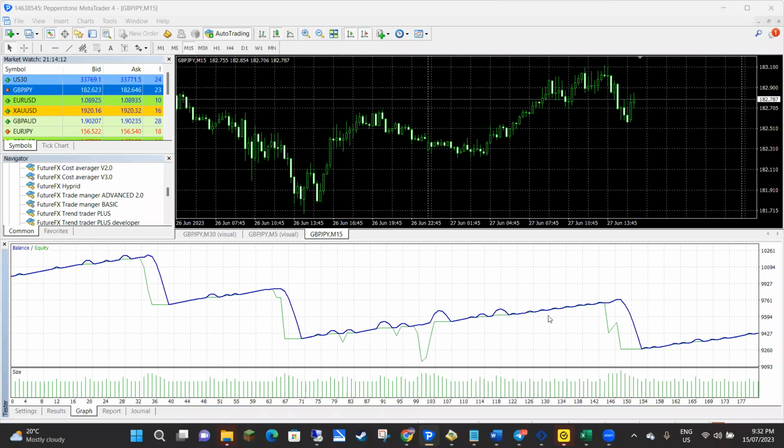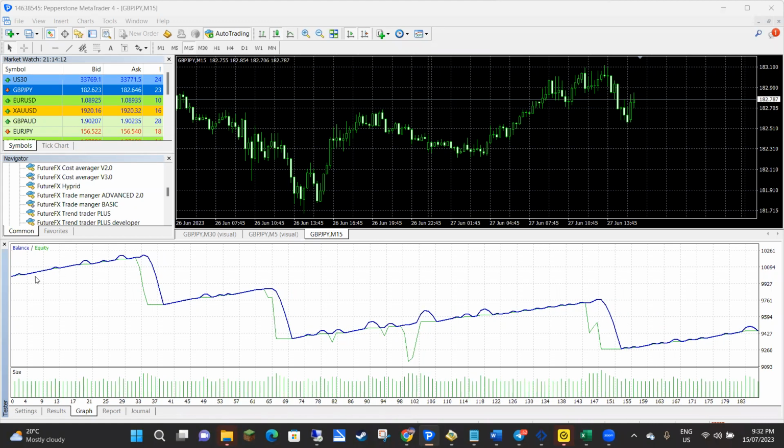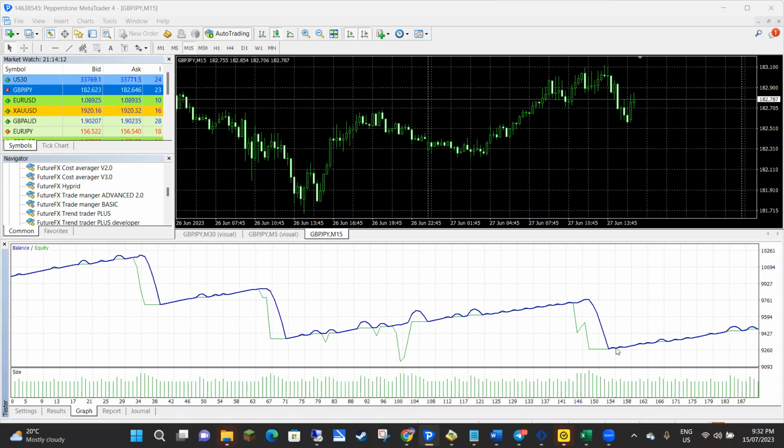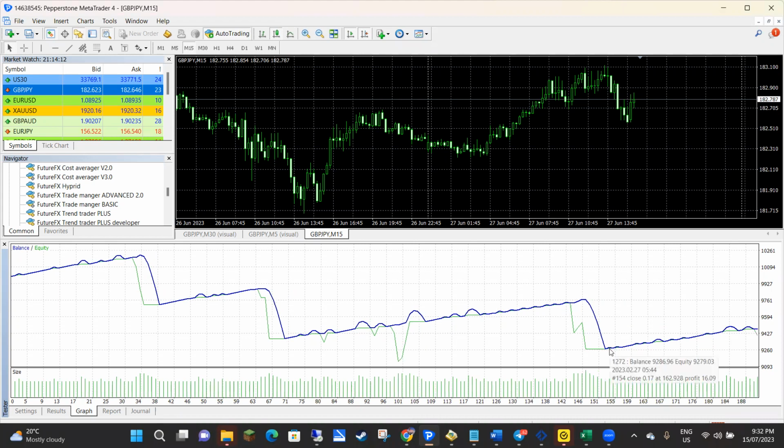Okay, guys, this so far is about 2.5 months' worth of backtesting. And you can see the result isn't great. We've hit that 5% equity protection twice. And right about here, we're about 7 1/3% down.